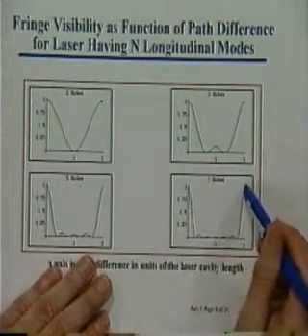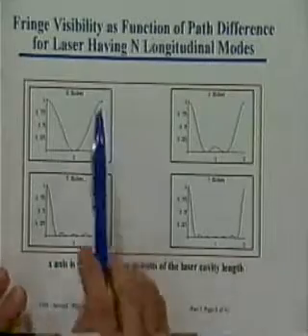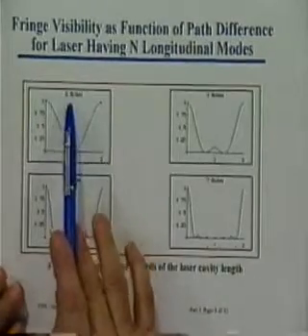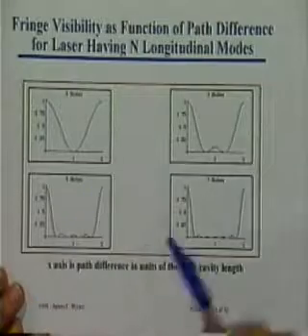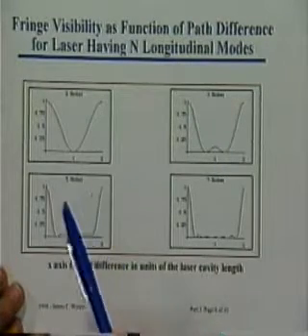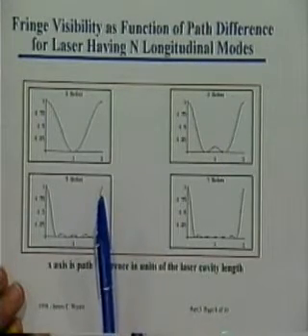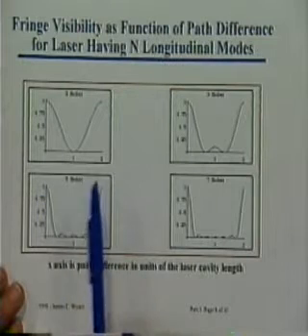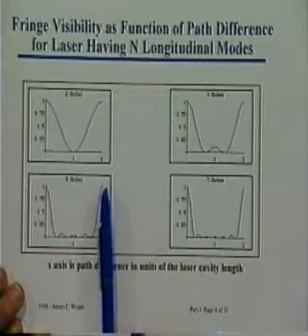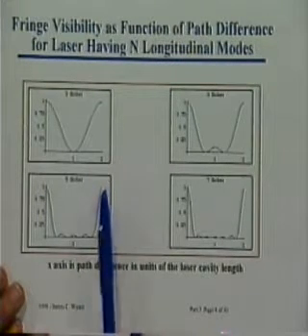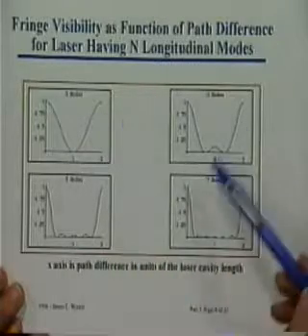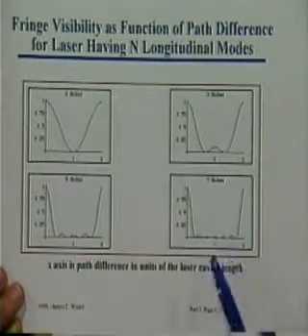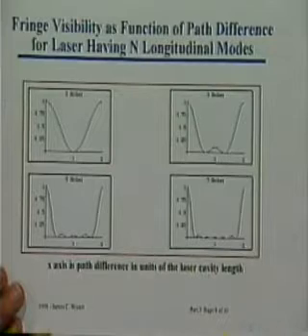Or 7, same thing. And what happens as you bring in more modes, so you have more frequencies present, is that it becomes more critical to get good contrast fringes. It becomes more critical that you are close to this even integer number of laser cavity lengths, because the coherence function will drop off much faster as you get more modes.